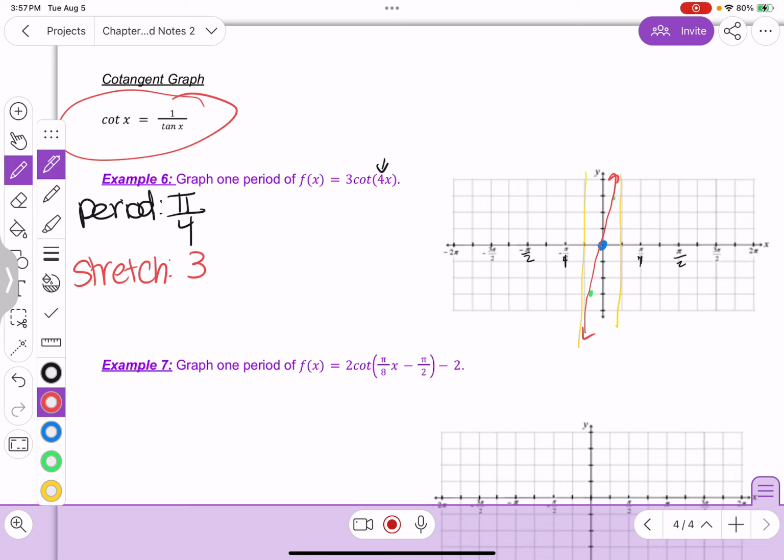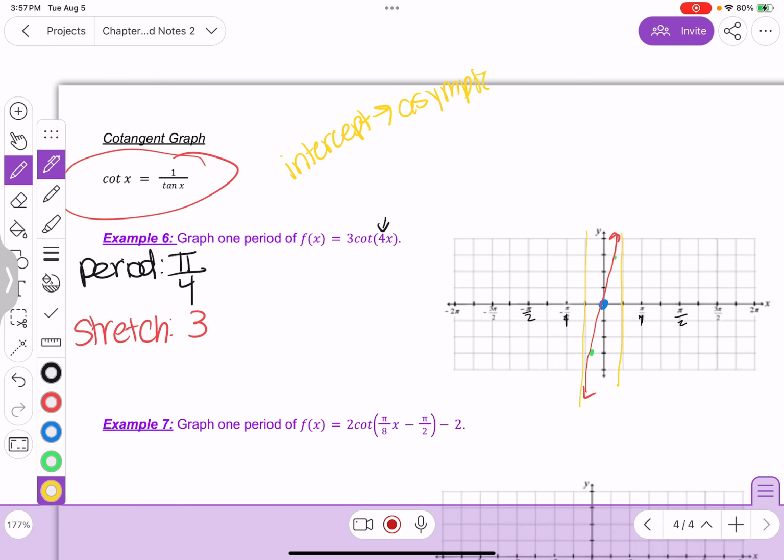To get the cotangent, your intercept becomes an asymptote, and your points reverse. So that blue dot becomes an asymptote.